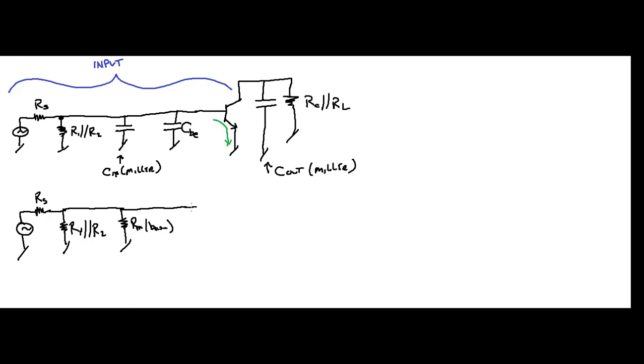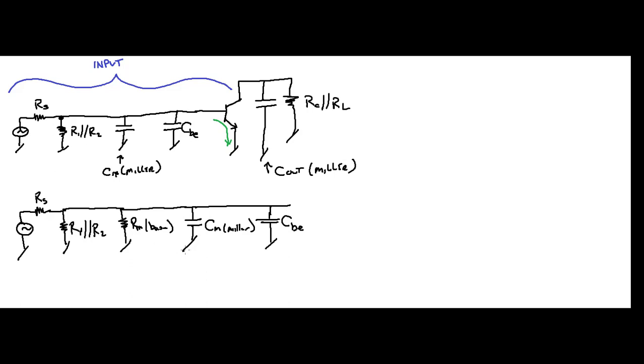That's C in Miller. And then you're going to have another one, let's draw that here. This would be CBE, your base emitter capacitance.